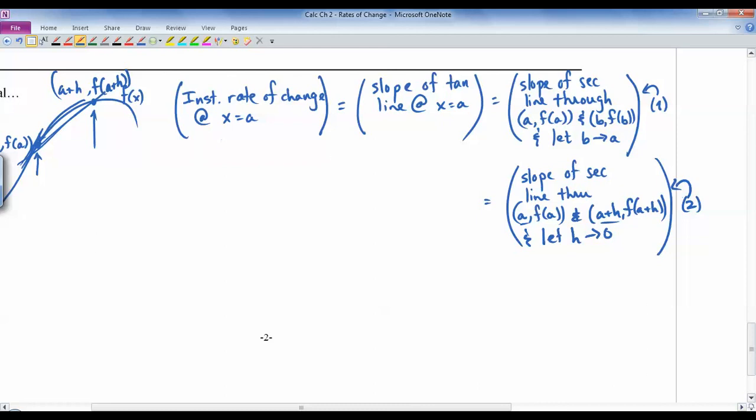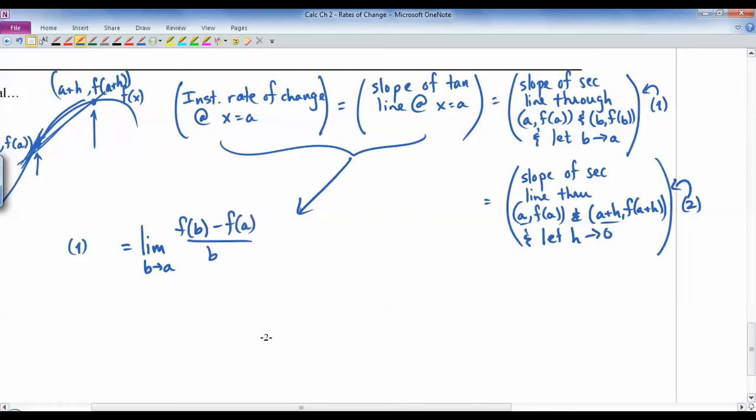So these guys right here, if we actually come up with those formulas, the first formula, these all equal limit as b goes to a, because we're making b turn into a, and then it's the slope of that secant line, f of b minus f of a over b minus a.